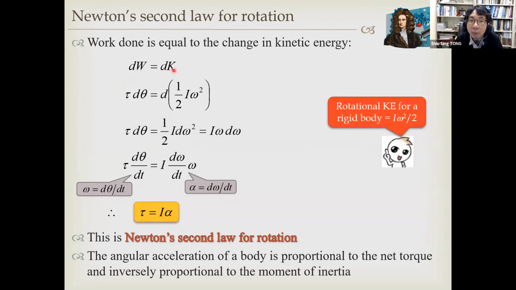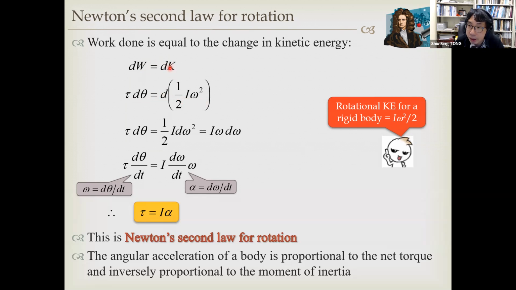Okay, so I now write down this formula: dW is equal to dK. But as I say, dW is equal to torque multiplied by the angle. When the object moves a little bit of angle d theta, the work done by the torque is torque d theta. The kinetic energy of the object, because now it is in rotation about an axis, K is equal to half I omega squared.